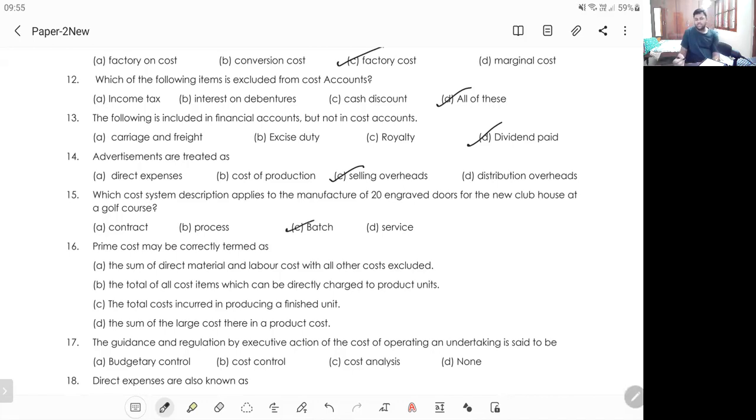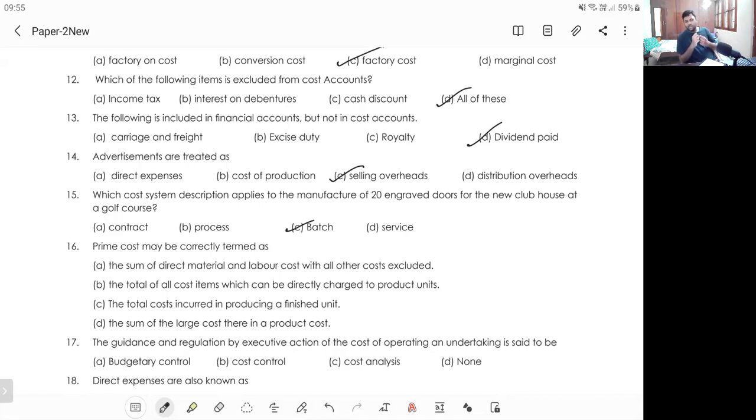Actually, ideally, the answer must be job costing. In Inter, you will study job costing and batch costing together because all the features of job costing are applicable to batch costing. Batch costing is nothing but job costing where the production is made in bulk in a predetermined manner. This is the definition of batch costing given in your book, in your CMA Inter.